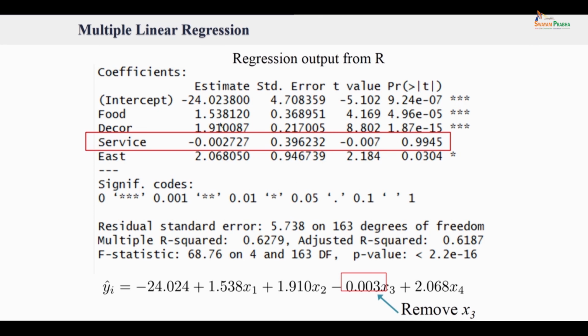Whether you should include all of them or only some of them, we can do different kinds of tests to find out. What we have done in this particular case is only compare the model without any of these independent variables, which is called the constant model, with all of these variables included. That is the only model comparison we have made.